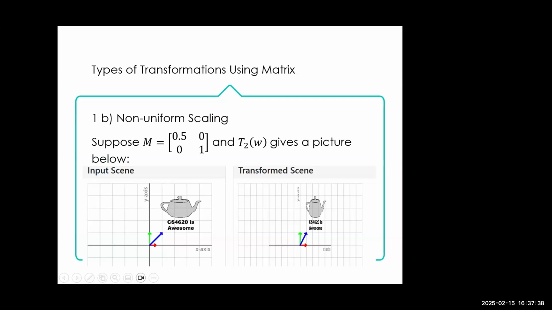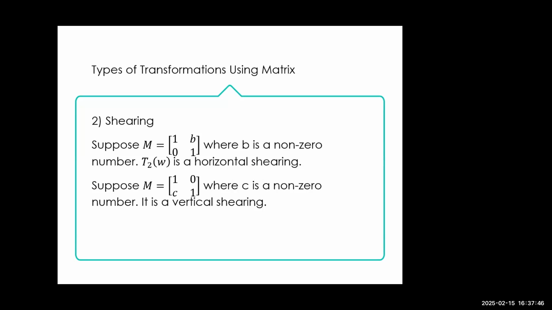Besides uniform and non-uniform scaling, I also have another one called shearing. Shearing is a little bit tricky. You can shift your graph horizontally, either to the right or to the left, and you can also shift your graph vertically, up or down. This is controlled by the number B and also the coordinate C right there.